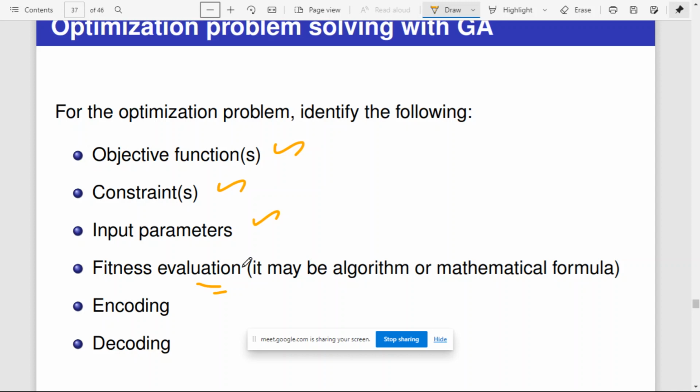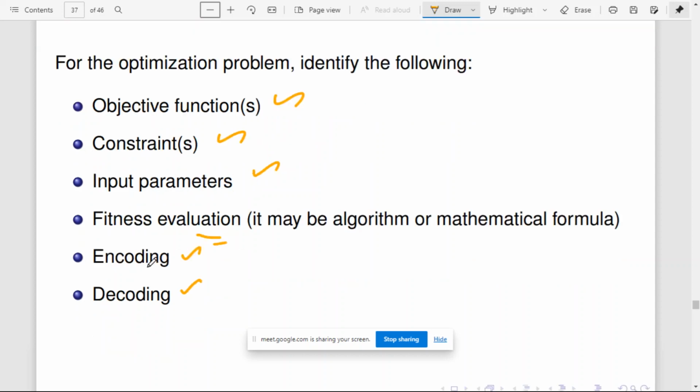And there is something called encoding and decoding. Encoding means in the real world we may represent the values in one notation, but the genetic algorithm may need this data in a different notation. So the data should be converted into a form which is understandable by the genetic algorithm. That is called encoding. Similarly, the genetic algorithm may produce an output in an encoded format, but the real world may need an output in a different format.